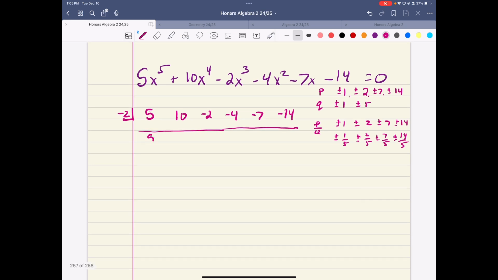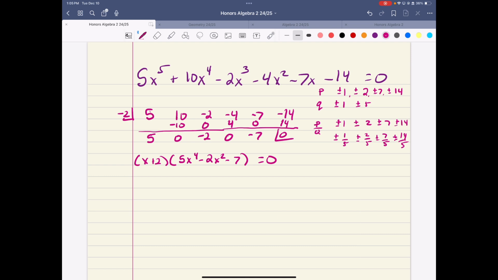So we've got 5, negative 10, 0, 0, negative 2, 4, 0, 0, negative 7, 14, 0. So x plus 2, then x to the 4, did this again. 5x to the 4th minus 2x squared minus 7.